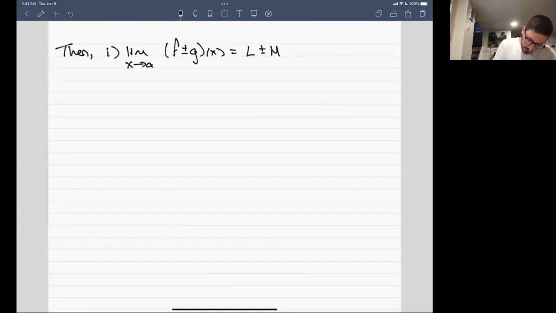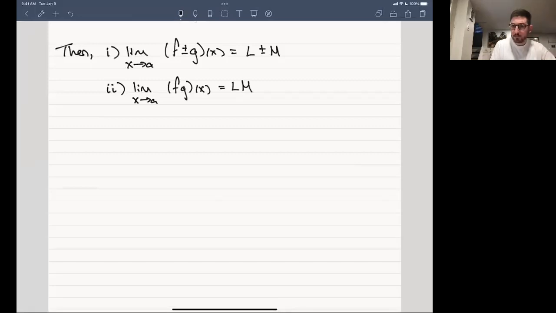The second one is if I multiply these two things. So this gives me, let's say, f times g of x. This gives me L times M. Similarly, for 3, if I want to divide these two things, right?